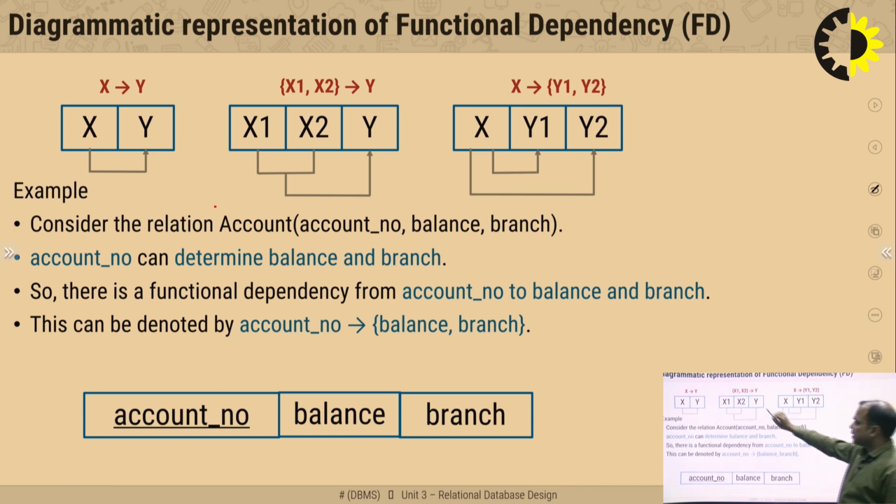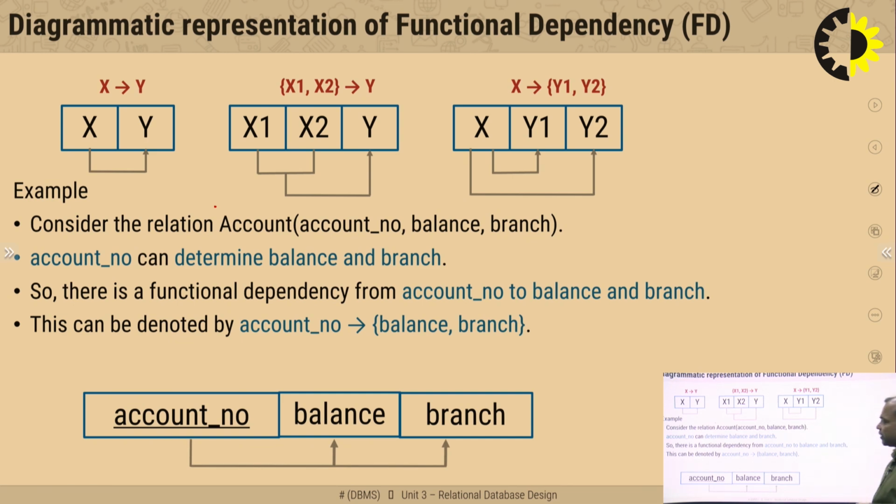It is written as X1, X2 in curly braces gives Y. Next, we have X gives Y1 and X gives Y2 also. In this scenario Y1 and Y2 are functionally determined by the X value only. So these are some examples.